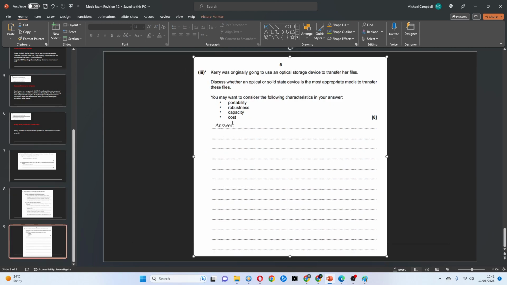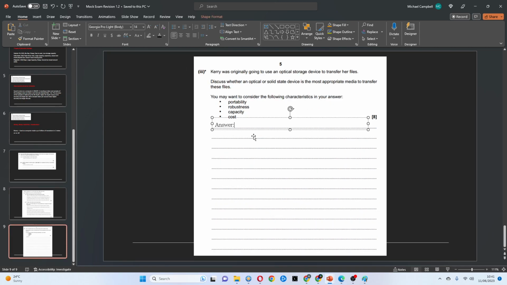Right, so this one here, I'm not going to answer this massively. I'm just going to quickly bullet it. It's an 8 marker. So basically she wants to transfer her file. So you've got solid state or optical, and you've got to look at portability. I'm not going to answer all of these topics, but what you would do is compare the 2.